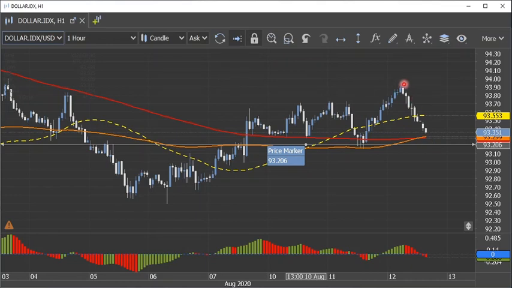We are seeing continuous selling after the start of the European trading session. So we will need to give some more time for the dollar index to stabilize, and only if we see that price action is showing some signs of consolidation on the lower side, and only after this sell off subsides and we see some consolidation closer to this support zone, only then we will be in a position to decide on fresh trading opportunities in the dollar index, while keeping the stop loss anywhere close to 92.8, which should do well.